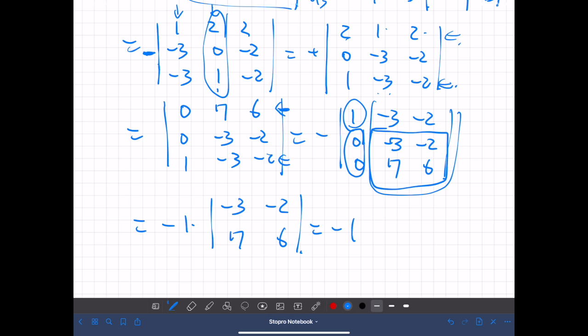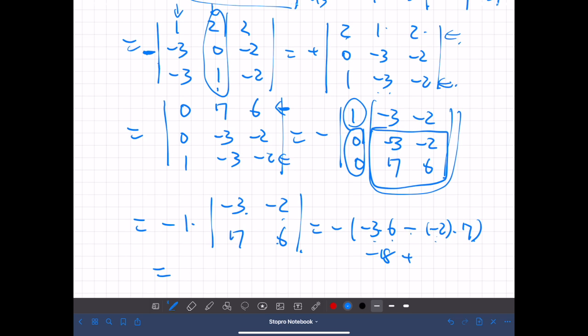So negative 3 times 6 minus negative 2 times 7. So that will be, let's see, positive 14. That's negative 4 times negative, so that should be positive 4. So this is the result.